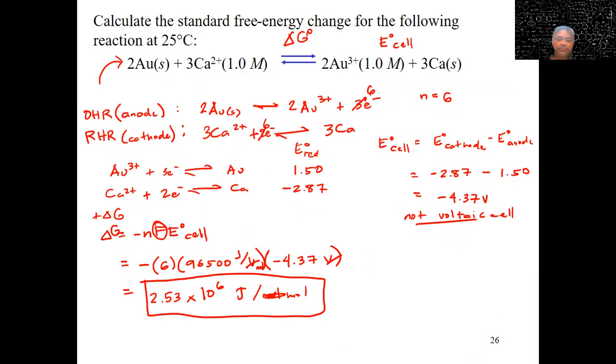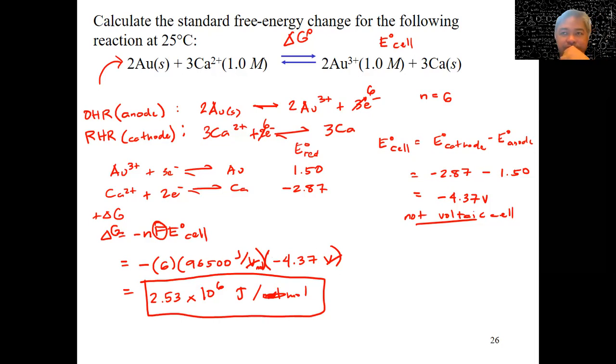Now, question. Before we go to the Nernst equation, so far what we have discussed is in standard condition. Now, what if we have a non-standard condition? When we say non-standard condition, the concentration is other than 1 molar.